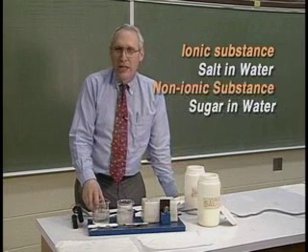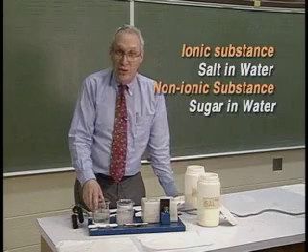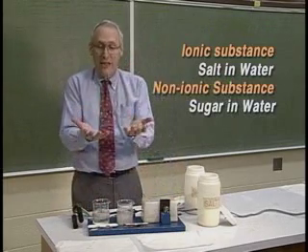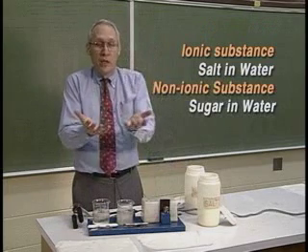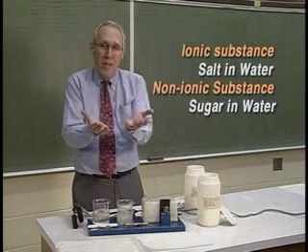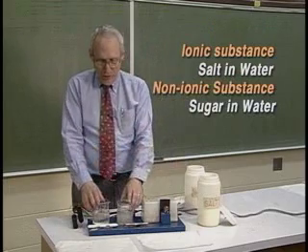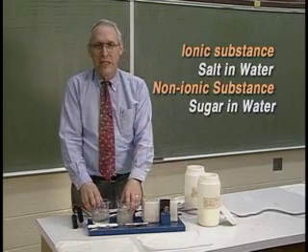It's a non-ionic substance. And so the question is, why do these two things, which look exactly the same on the surface, why are they so different? Somehow underneath, down at the atomic level, these two substances must be fundamentally different.